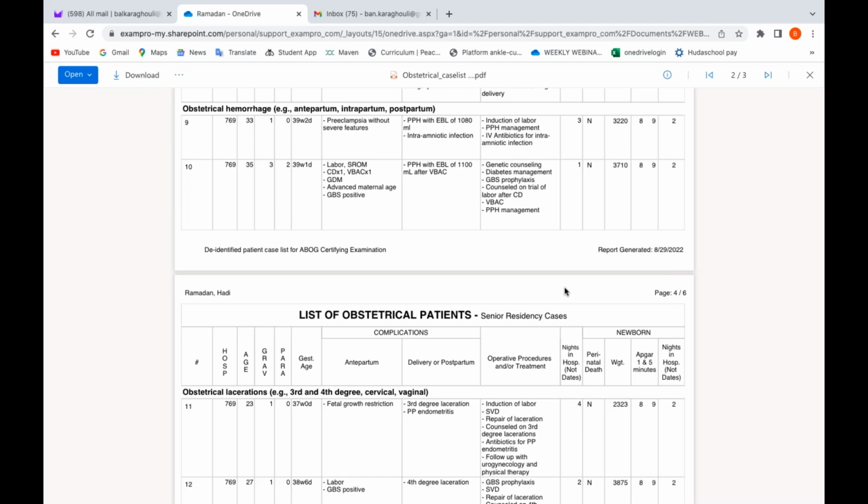It can also cause IUGR, and they are at high risk for DKA throughout the pregnancy.